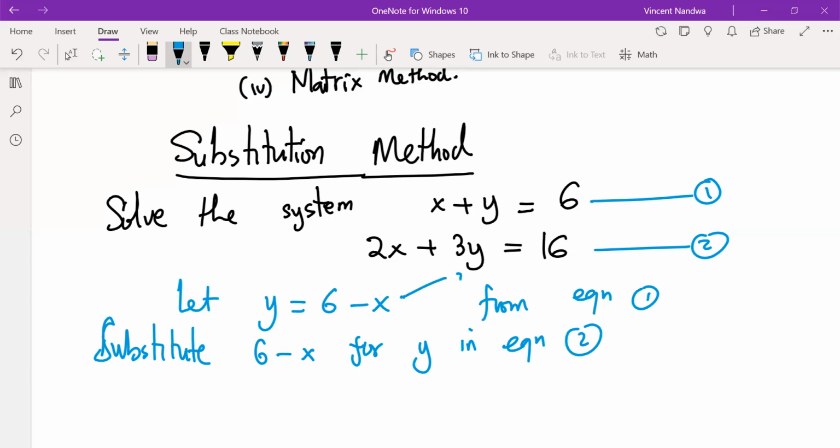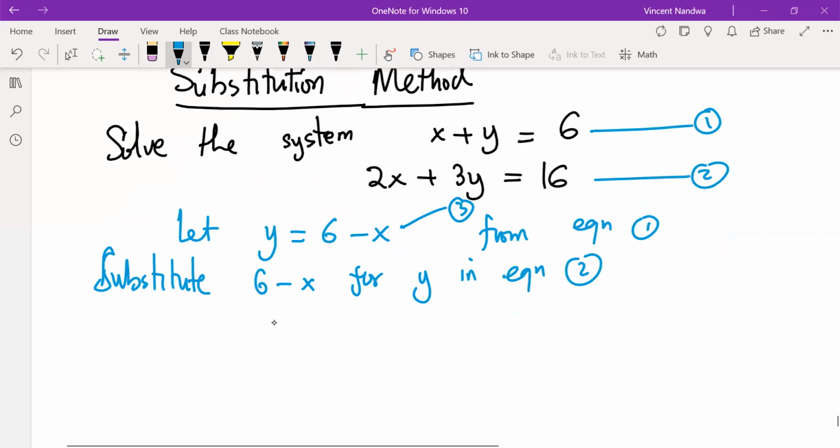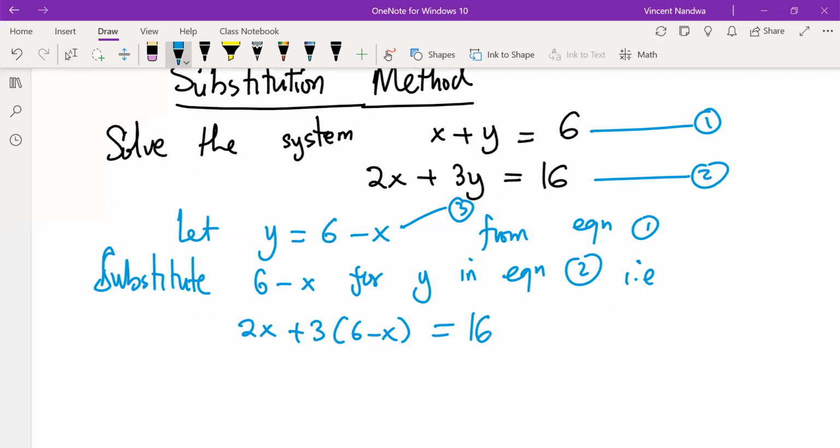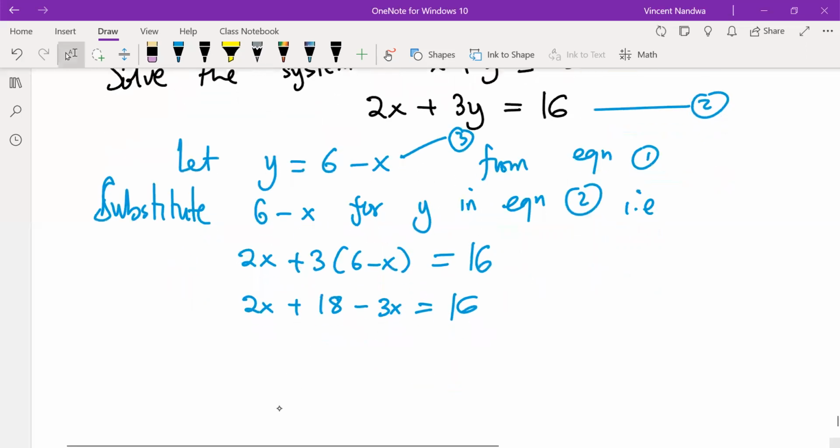So probably we can call this one equation 3. This means we'll have 2x plus 3, but where there is y you put 6 minus x, should give us 16. So we'll have 2x plus 3 by 6 is 18, minus 3 by x is minus 3x equals 16. Collect like terms.